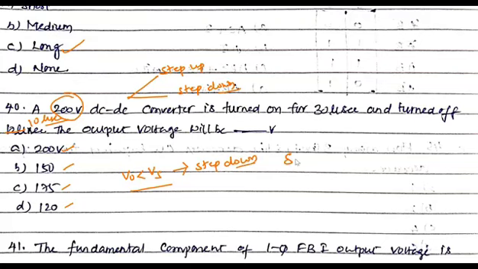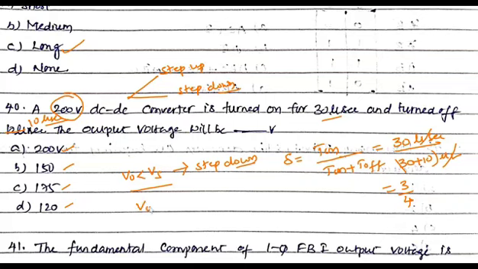Now we need to find the value of delta. Delta is nothing but T on by T on plus T off, right? Now what is the T on? T on is 30 microseconds. So 30 microseconds divided by T on plus T off means 30 plus 10 microseconds. So it's nothing but 3 by 4, you get it, right?